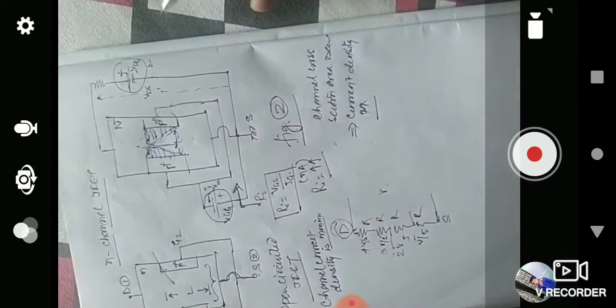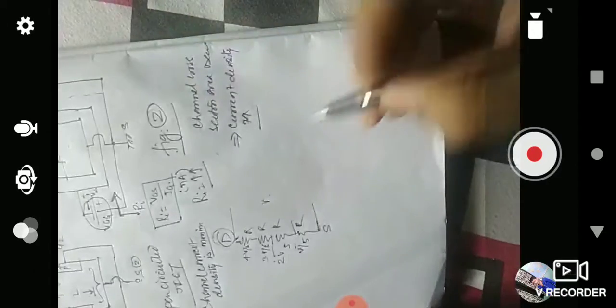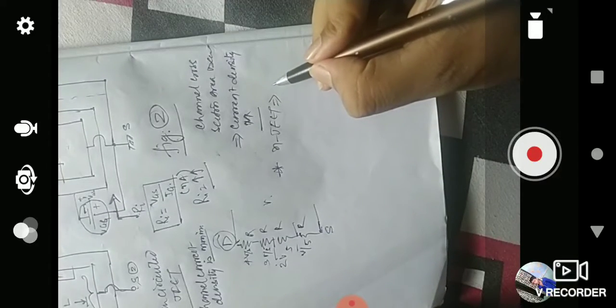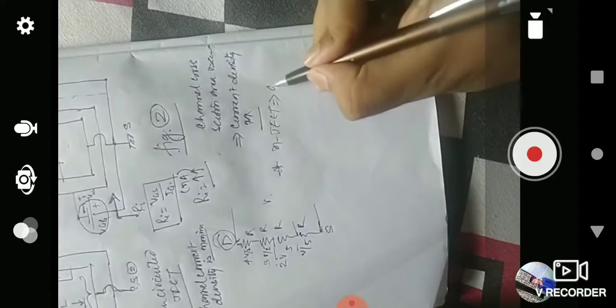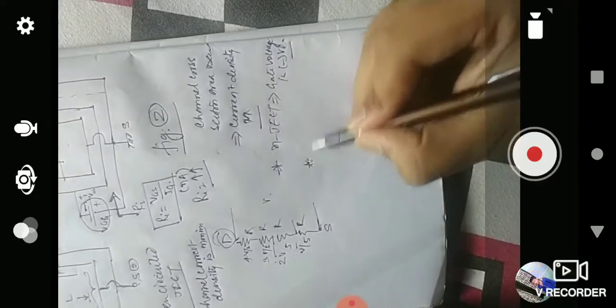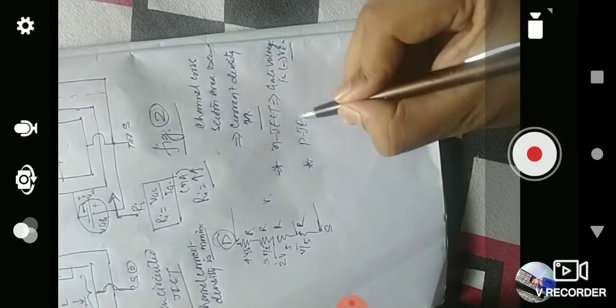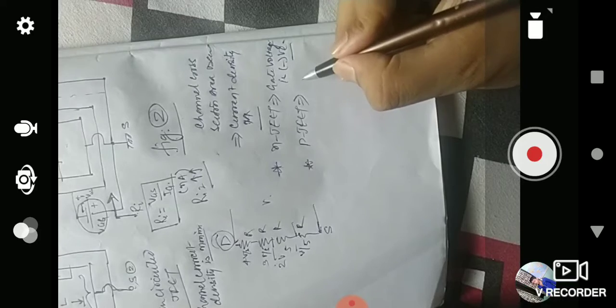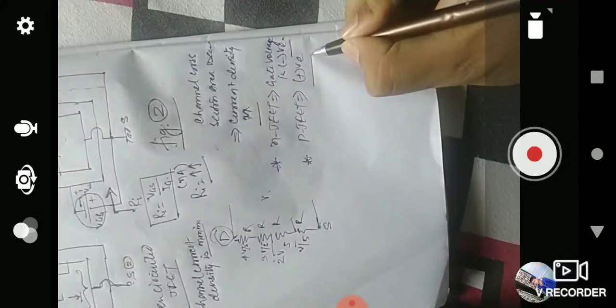So in the n channel JFET, one of the key points is that the gate voltage is always negative. Similarly, for the p channel JFET, the gate voltage is positive.